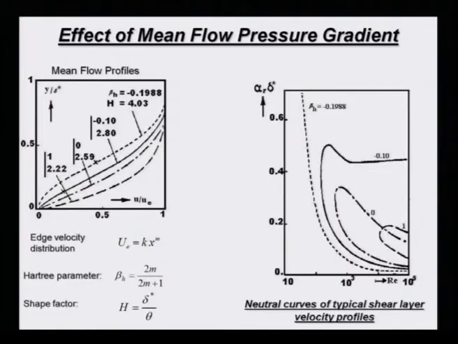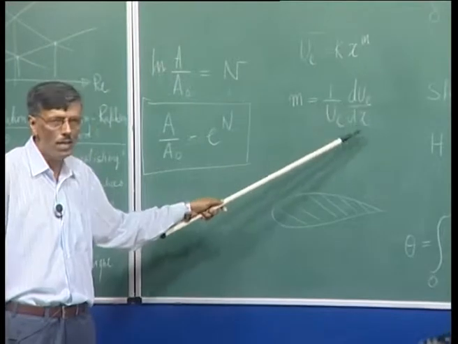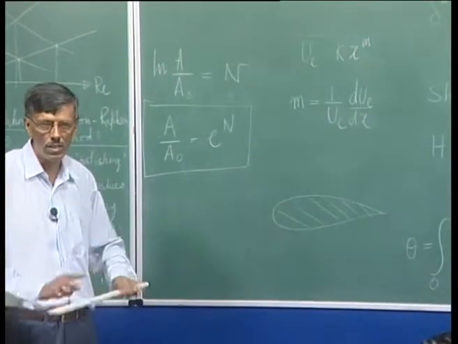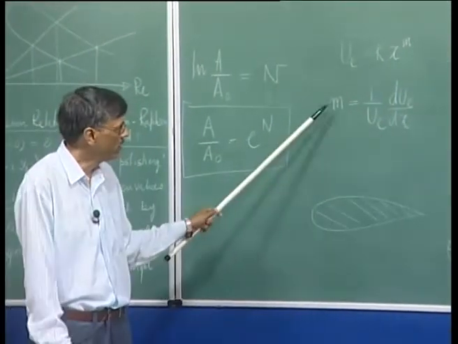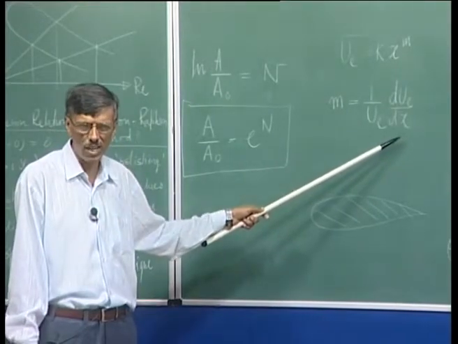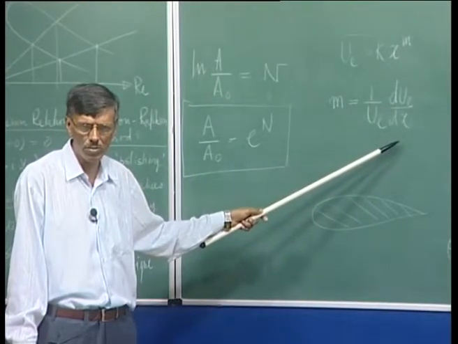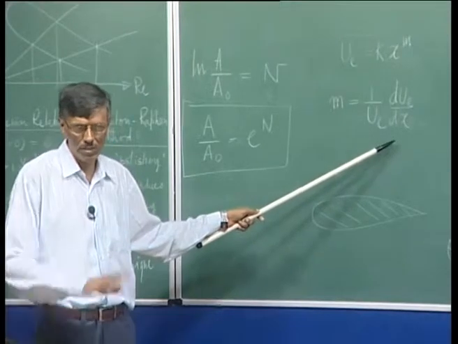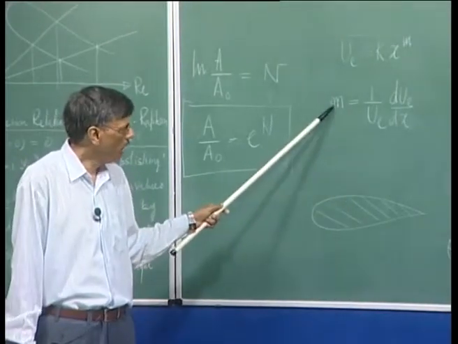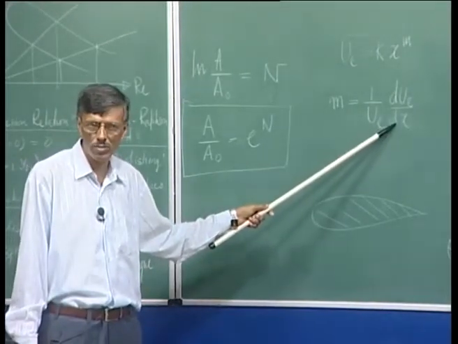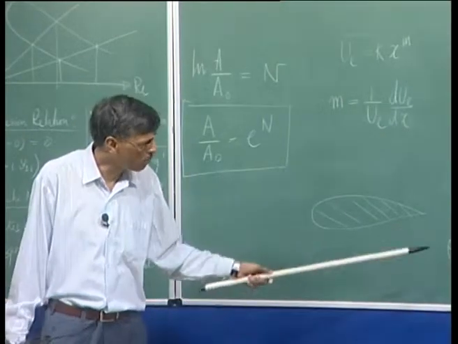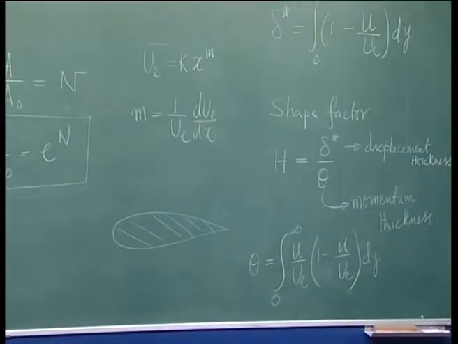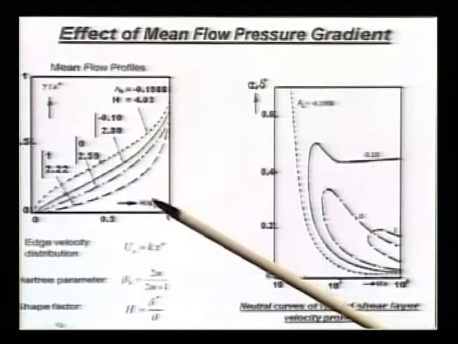If I have a zero pressure gradient flow, then d ue dx is 0. It does not change, right? We can see that from Bernoulli's equation if we are looking at the outside flow. So, m equal to 0 corresponds to the Blasius profile, and the corresponding h happens to be this number, 2.59.